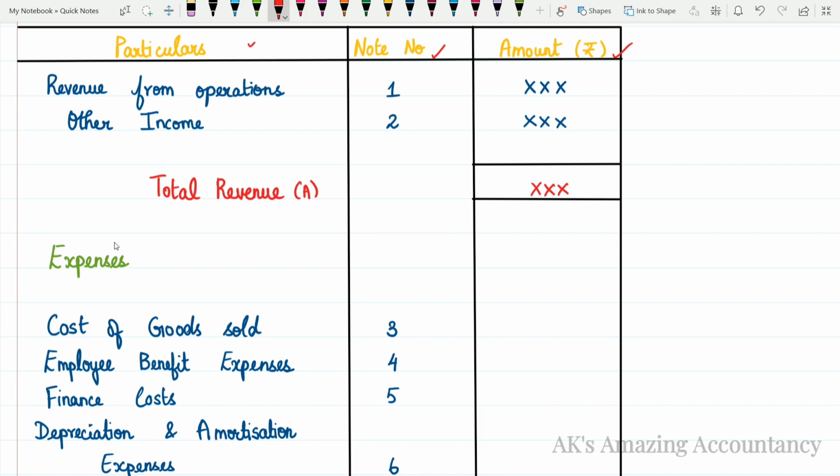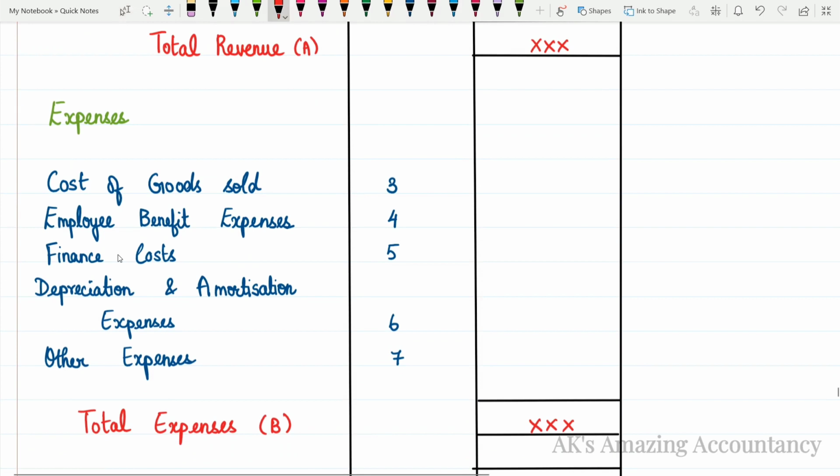You will have note number 1 to note number 7 in the statement of profit and loss, out of which note number 1 and 2 relate to incomes, and note number 3 to 7 have items relating to expenses.